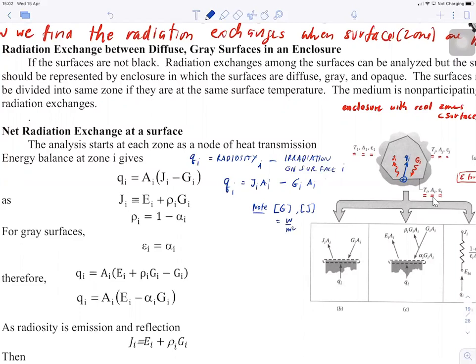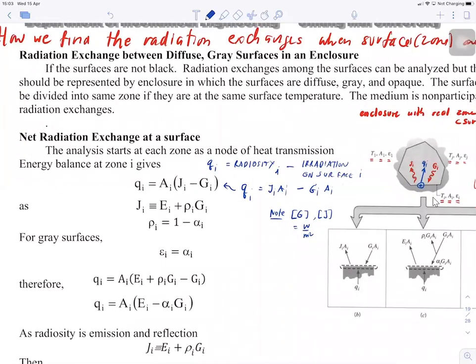Okay, so then we factorize the AI out. And you know that the radiosity is equal to emission plus deflection.